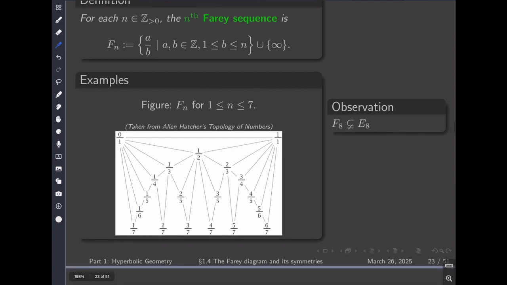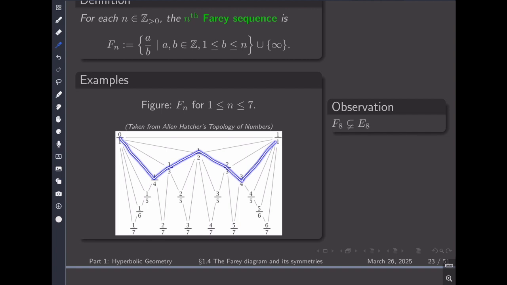What we are seeing here, for example, is the fourth Farey sequence, at least between 0 and 1.